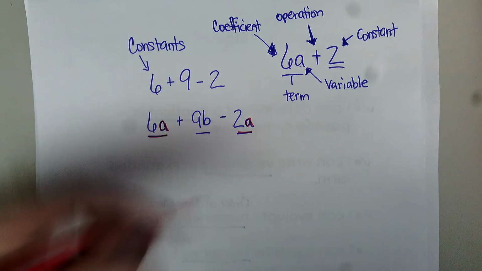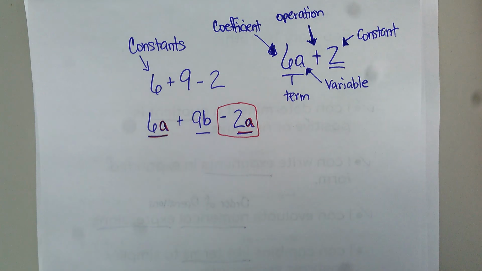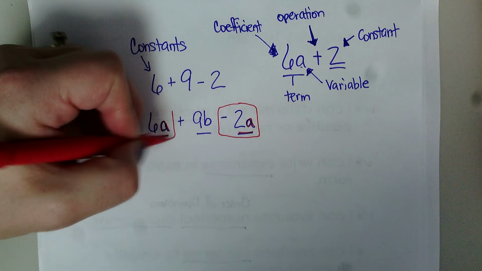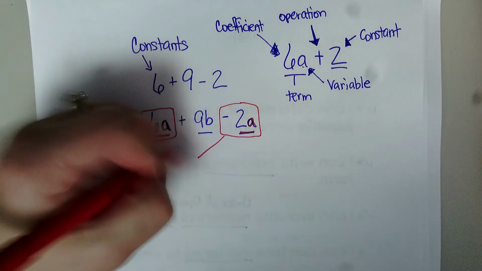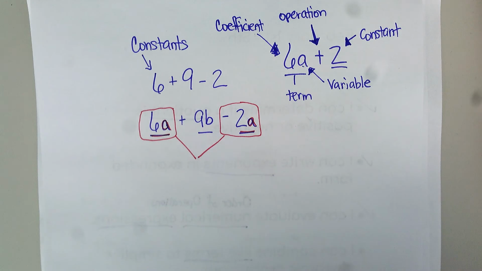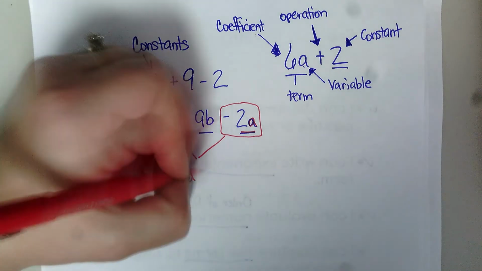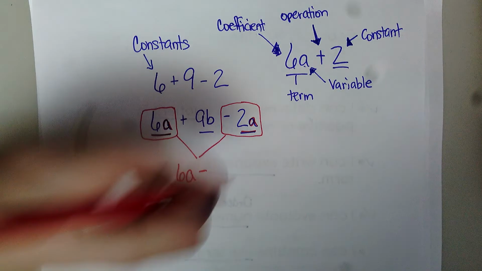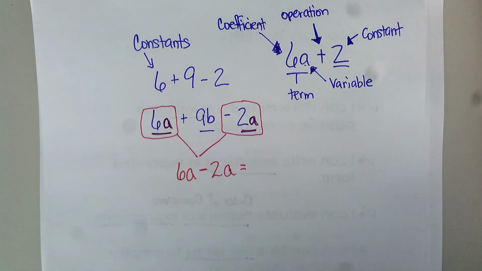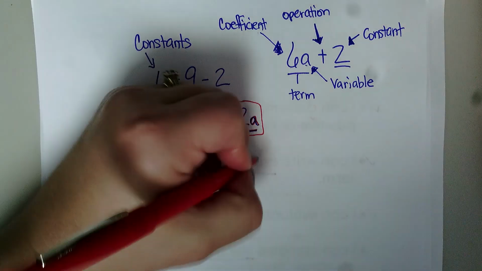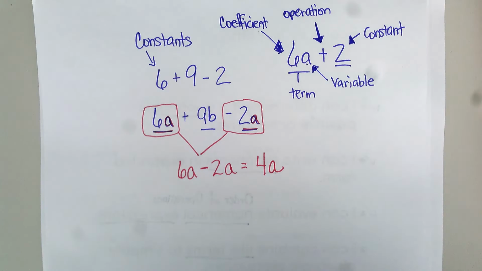So what we're going to do is we have to take the sign in front of it, so that's a minus 2, and there's no sign in front of this, so that's just a 6a, and we're going to pull these down, and we are going to combine them. And when I say combine them, I'm going to say 6a minus, because that's a minus 2, minus 2a. 6a minus 2a is just 4a. 6 minus 2 is 4. The a's don't change because it's like their last name. That is 4a.